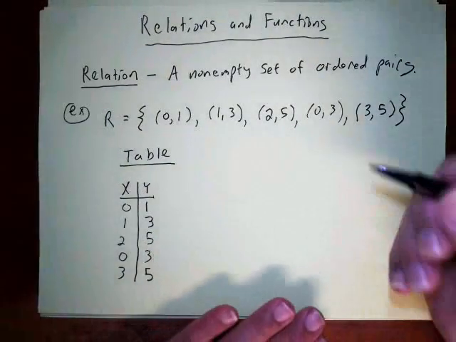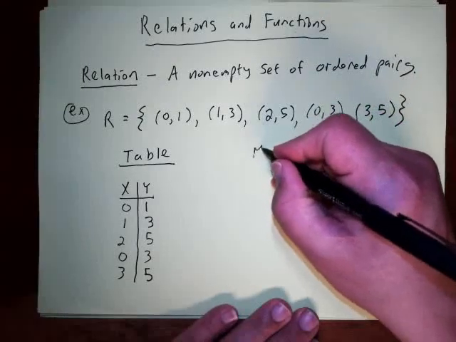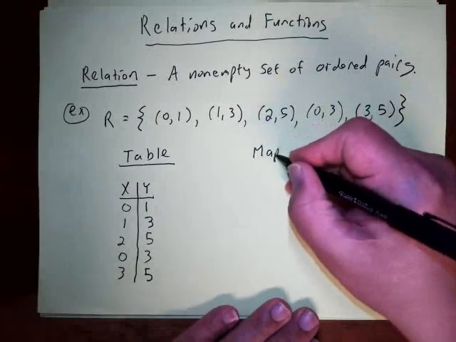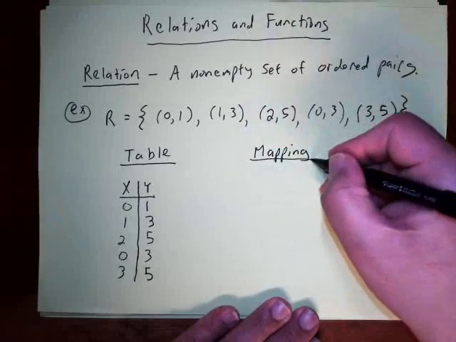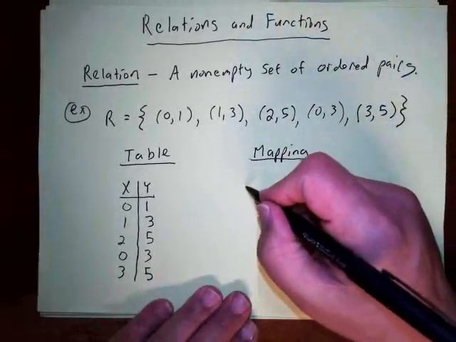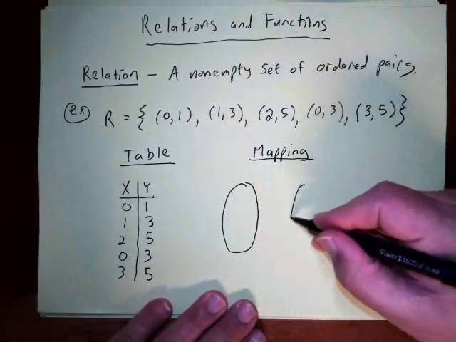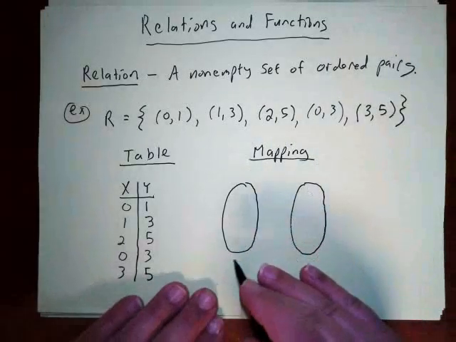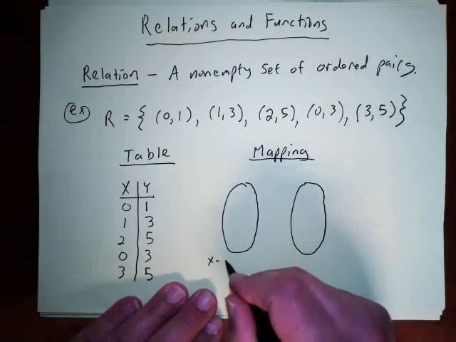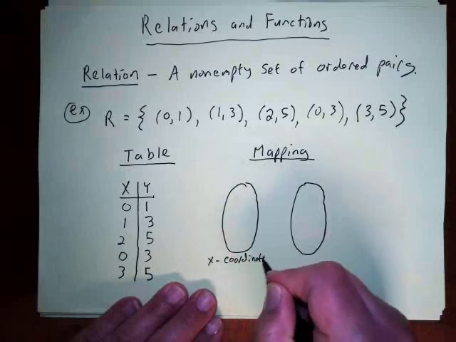Okay, and another way that we can do it is we can use what they call a mapping. A mapping is where you have two sets like this, and this first set is the x coordinate, right?